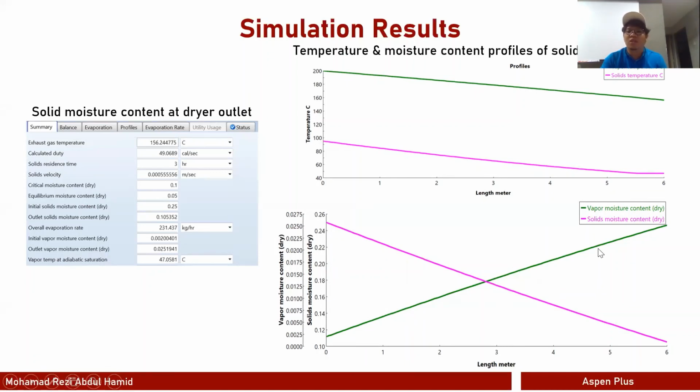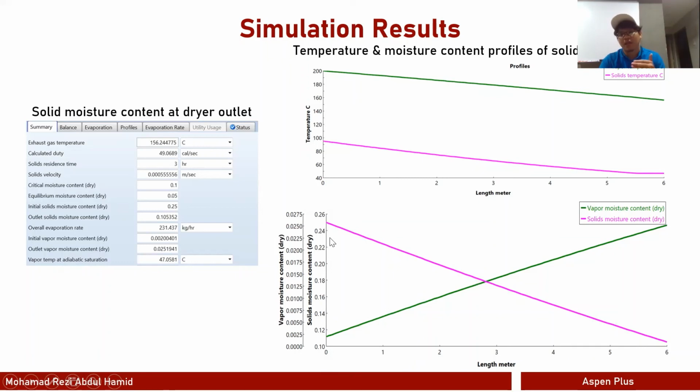And then this is our moisture content profile. The green one is the vapor phase moisture content, while the purple, it's a pink, I think it's a magenta one, represents the solid moisture content dry basis as a function of the length of your dryer. Obviously, as they pass through the dryer, they will spend around 3 hours throughout the entire length.